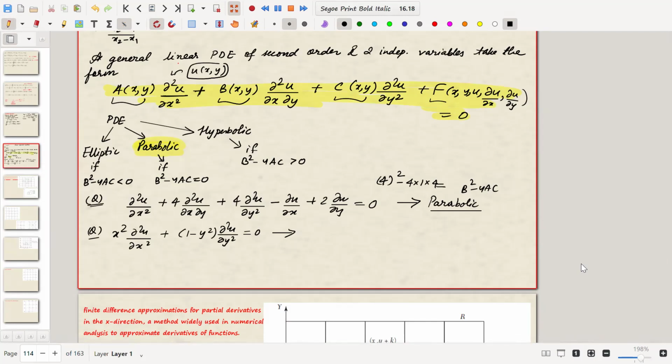So what is the second equation? x squared d2u by dx2 plus this. What type of equation is this? No, check again.